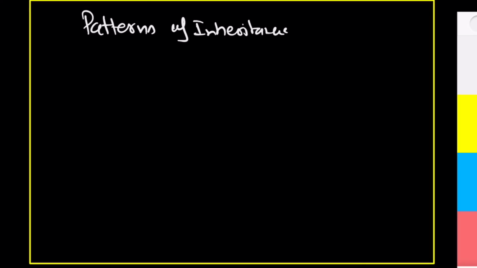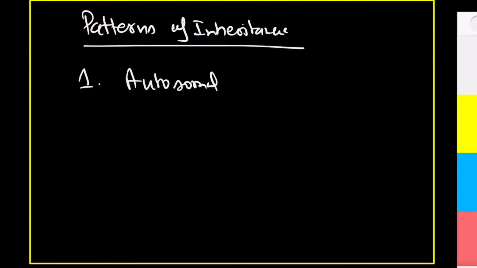So here keep in mind the different types, patterns of inheritance in case of human beings. One, it can be autosomal inheritance.